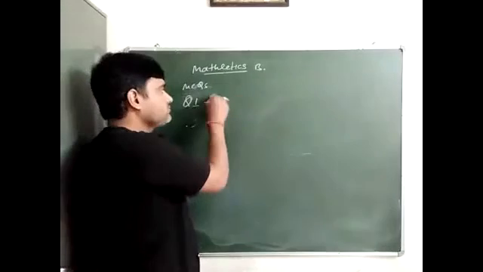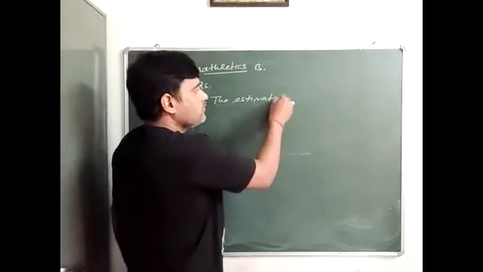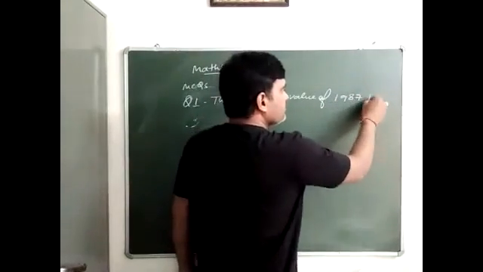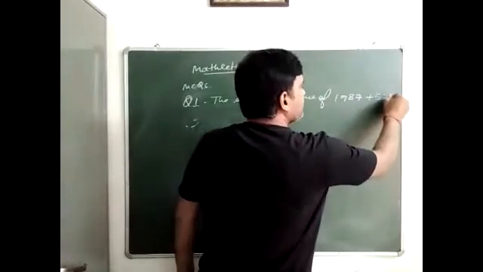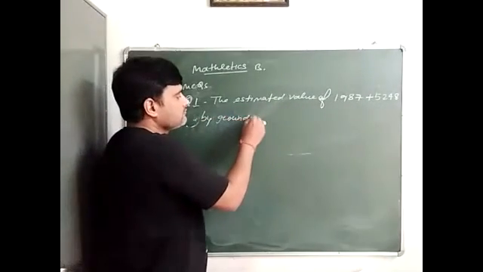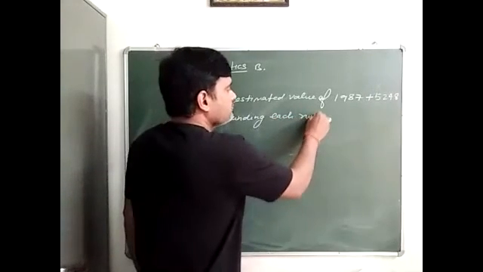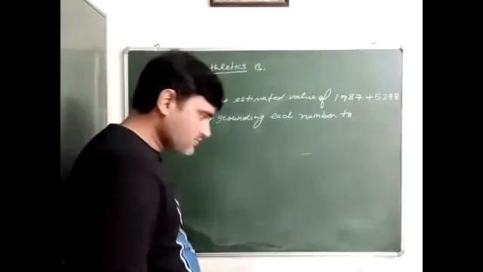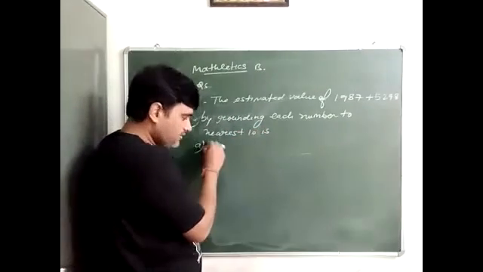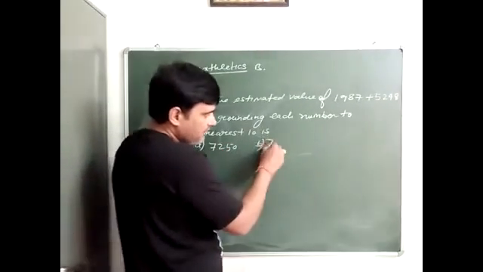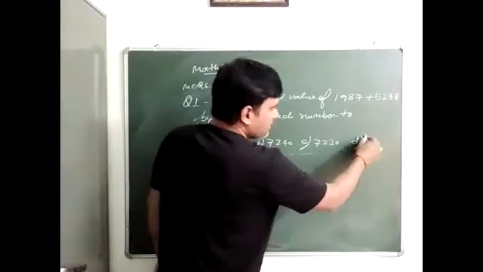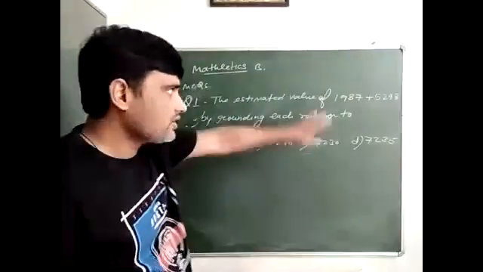The estimated value of 1987 plus 5248 by rounding each number to nearest 10 is: option A 7250, option B 7240, option C 7230, option D 7235. Okay.